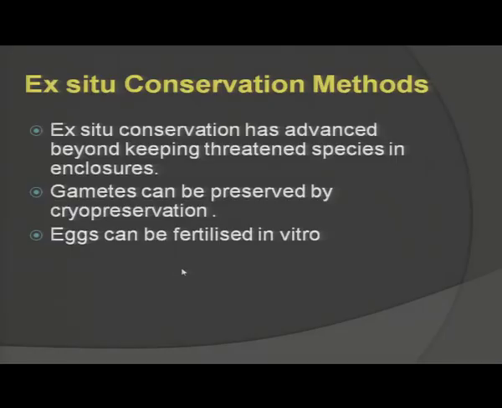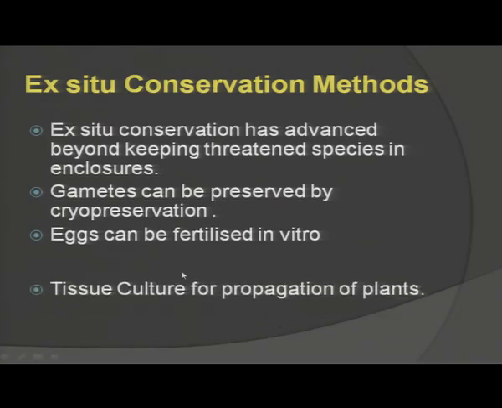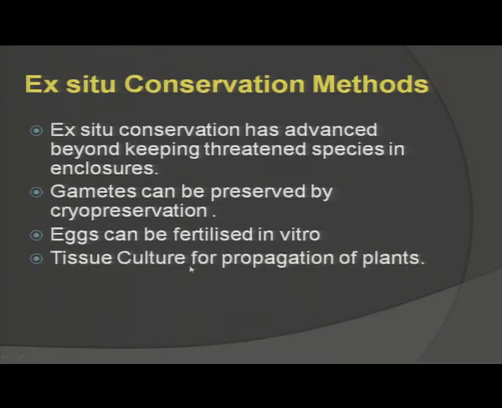We have in vitro fertilization under laboratory conditions of those animals whose numbers are declining. We can do tissue culture for propagation of plant species. The meristematic tissues can be taken and kept in a nutrient medium. They can be provided with such a medium which will help in their growth, and small plantlets can come out of it. In this way, we can do micropropagation of plants.